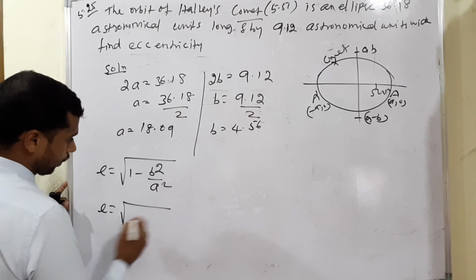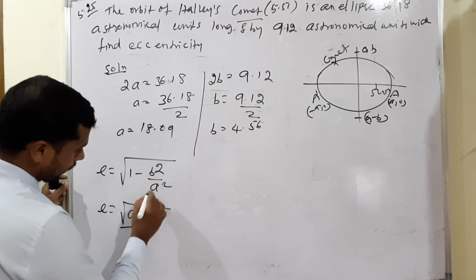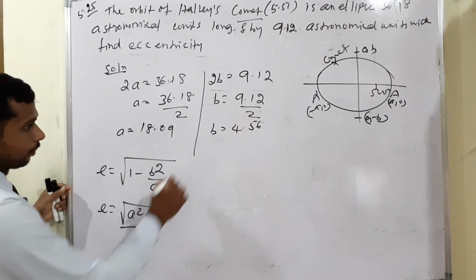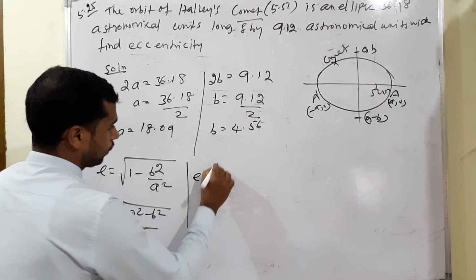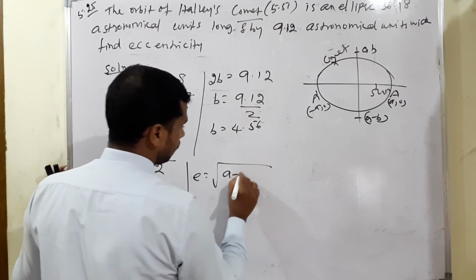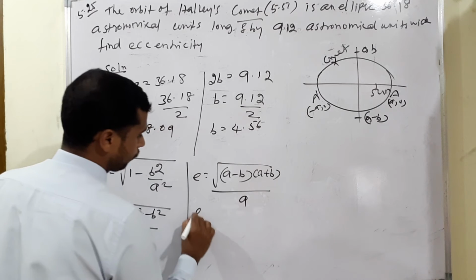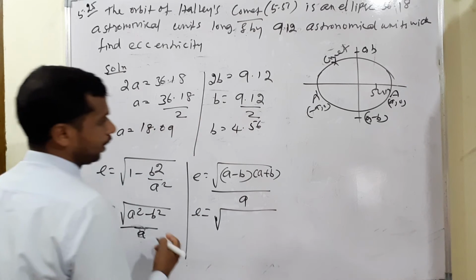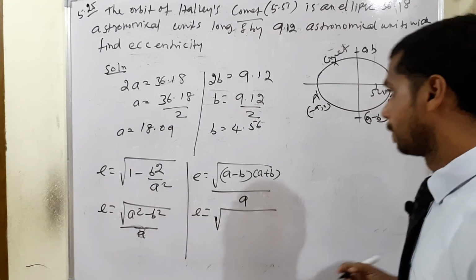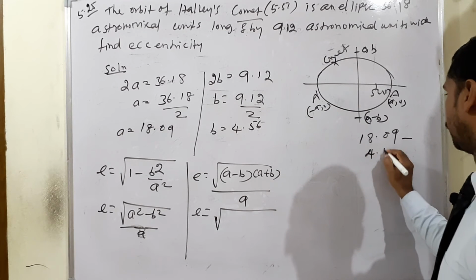Therefore E is equal to the square root of, just to modify, 1 times A squared means A squared minus B squared, divided by A squared, which we can write as the square root of A squared minus B squared, divided by A. Again, A squared minus B squared means (A minus B) times (A plus B). So E is the square root of (A minus B)(A plus B) divided by A. So A minus B means 18.09 minus 4.56.